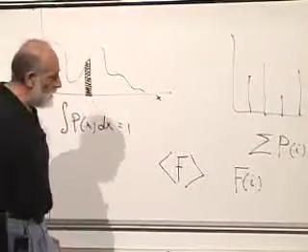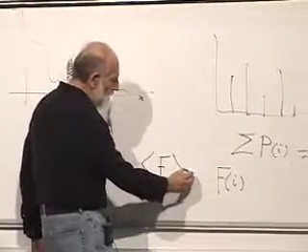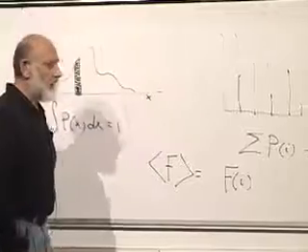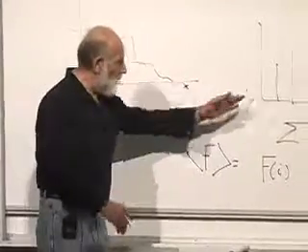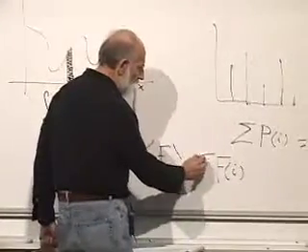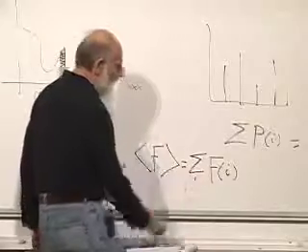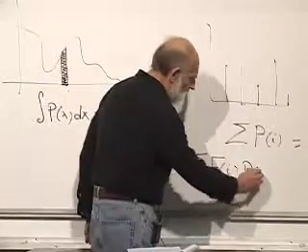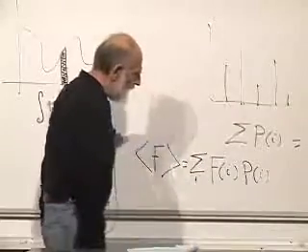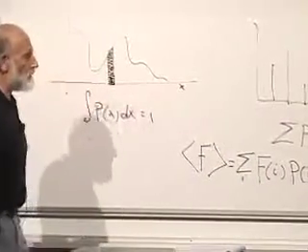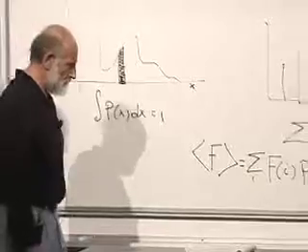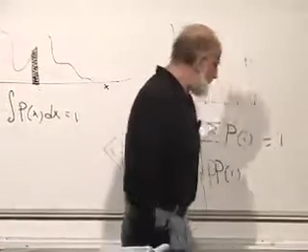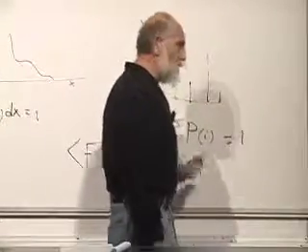That's the average of f. What's the definition of the average? The definition is to sum up over all I, f of I, but weighted with the probability for that value of I. Remember, the p's add up to 1. That's the definition of the average value of a quantity.